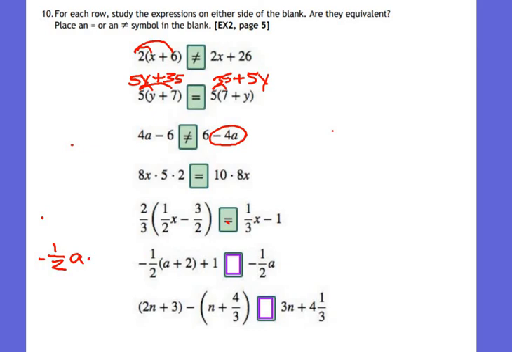A negative, so this is a -1. Then I have a +1. Does that equal when I combine like terms? This part matches so far, right? A -1 + 1, what does that equal? 0. Yeah, 0, so do they match? Yes. Do I have to write a +0? No, so do they match? Yes, they do.